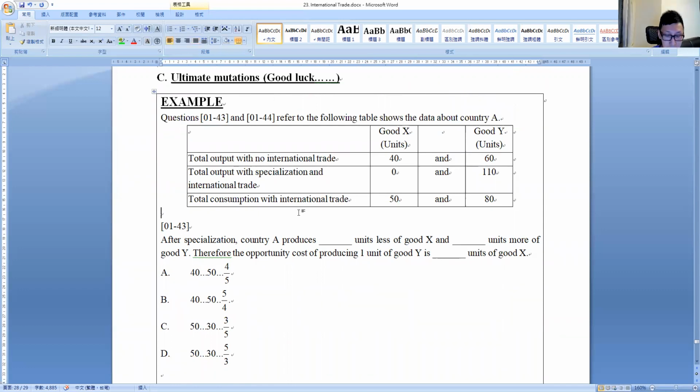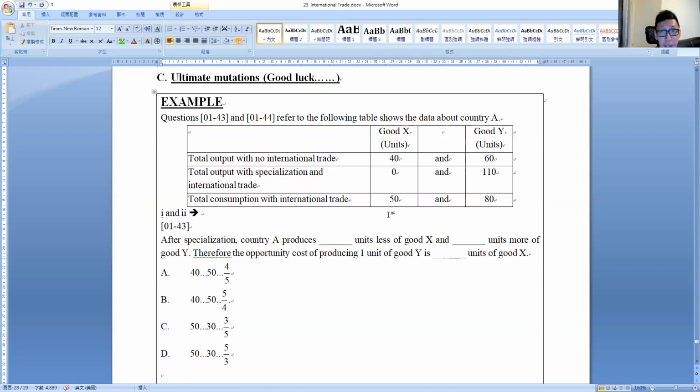Okay, now how do we do this? Column 1 and column 2. What conclusion do we have? This is how to read the table. Before trade, 40-60. After specialization, 0, 110. What does that mean?